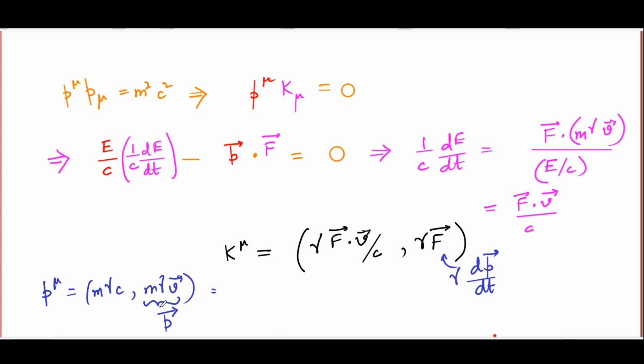If we had adopted the same extra factor of gamma here and written this quantity as gamma times p, I would not have to worry about changing the definition of momentum. I would not have to worry about things like relativistic mass and so on. But the reason why we insisted that the entire spatial part of p mu has to be called the momentum is very important.